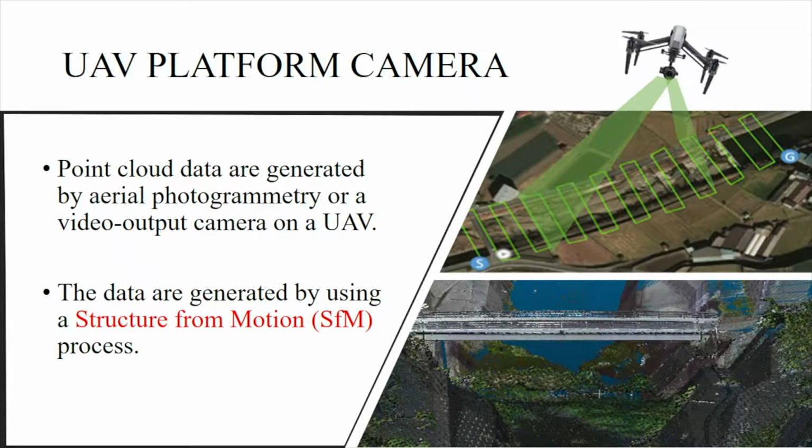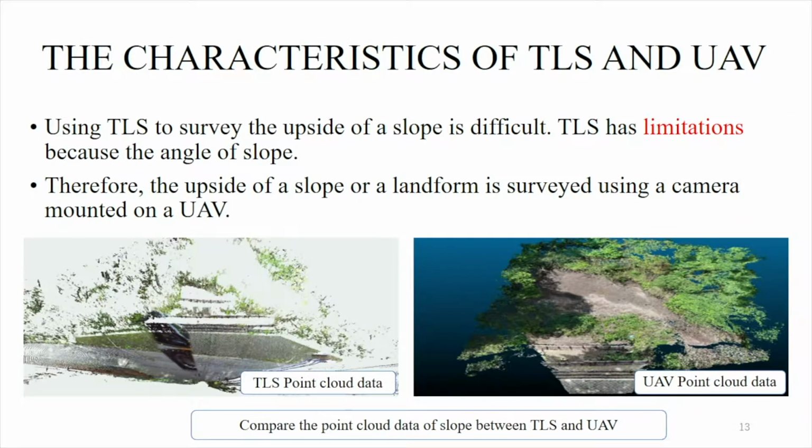As we know, point cloud data are generated by aerial photogrammetry or a video output camera on a UAV. The data are generated using structure from motion, which we call the SfM process.